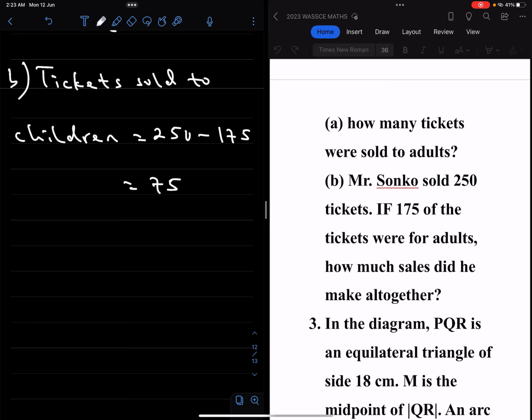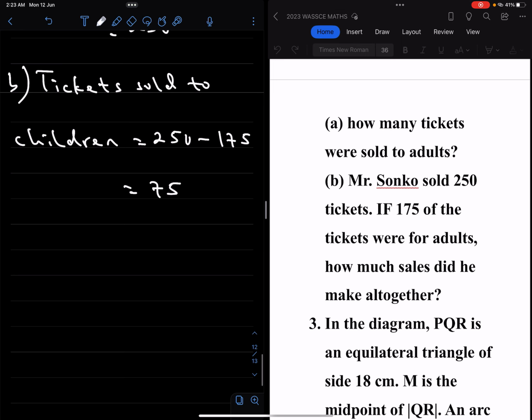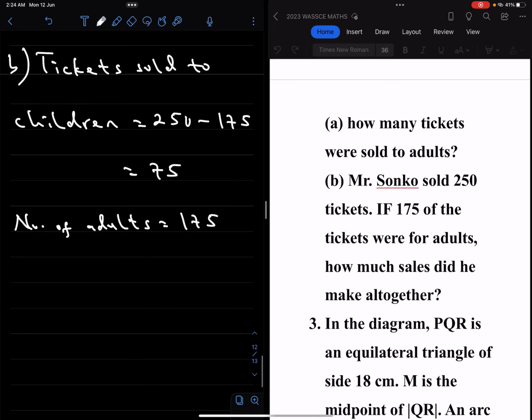So that means number of adults he sold tickets to is 175. And here, instead of writing tickets sold to children, I could have just simply said number of children.